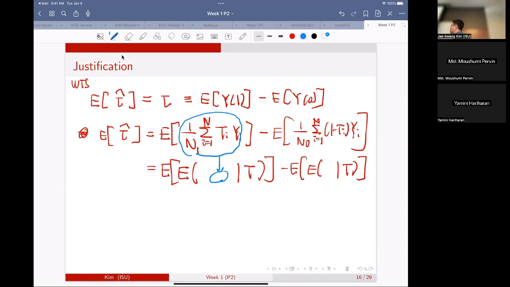Okay. So if you take the conditional expectation given t, then ti is fixed. So then you have basically i equal to 1.